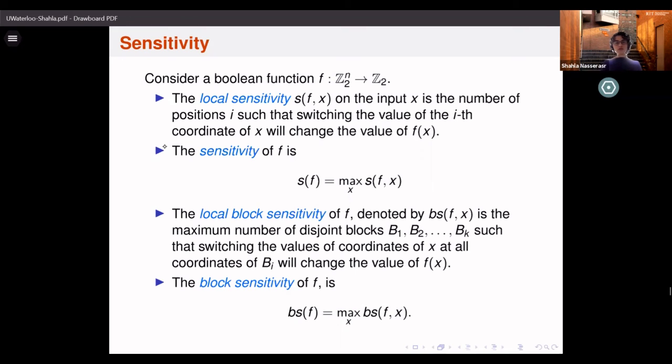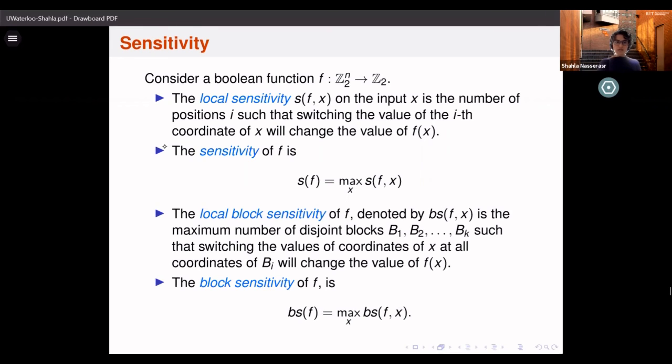And we have the local block sensitivity, which is the maximum number of disjoint blocks such that changing the values of the entire entries of a block will change the value of the function. And again, block sensitivity is the maximum of all local block sensitivities, where the maximum is taken over all inputs.